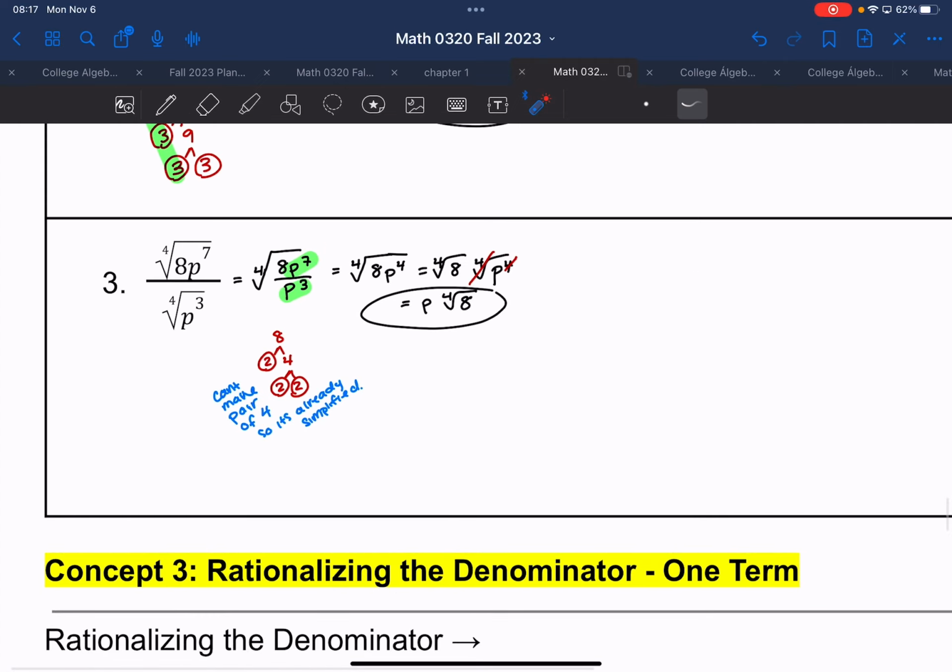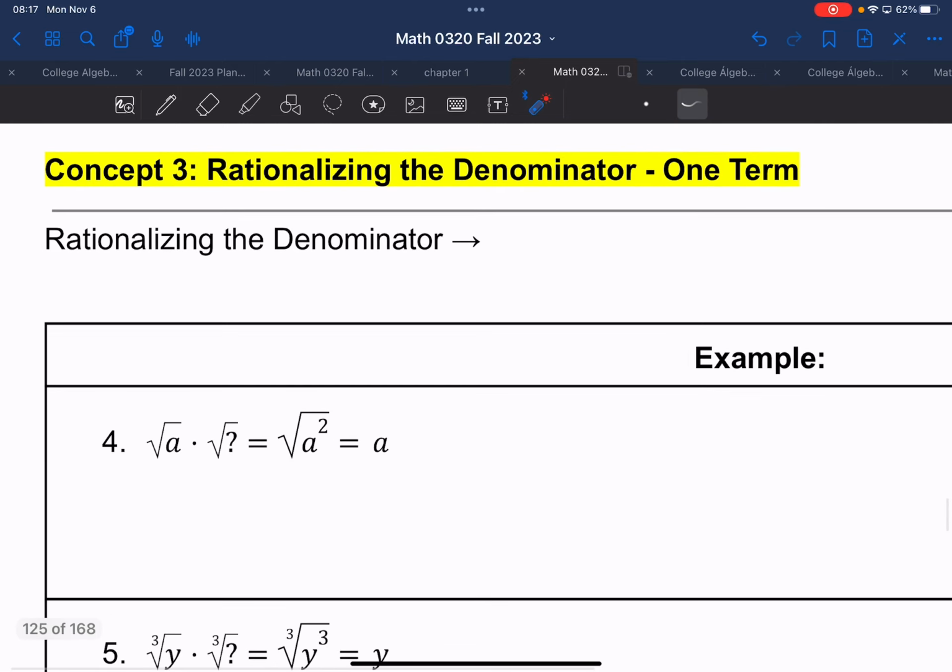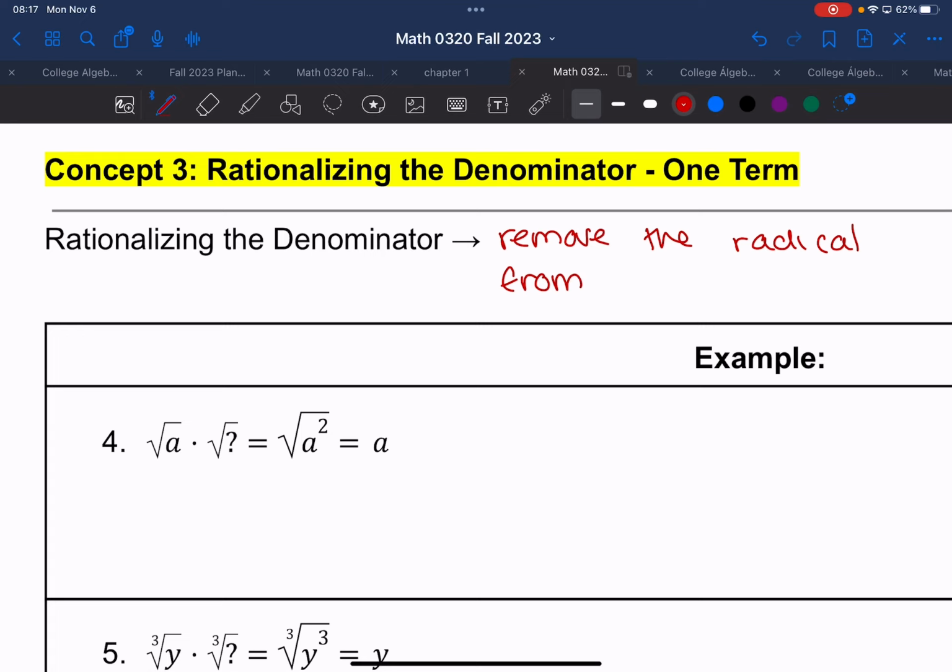Okay. Good question. Now looking at concept 3, we're looking at how to rationalize the denominator. And all that means is how to remove the radical from the denominator.